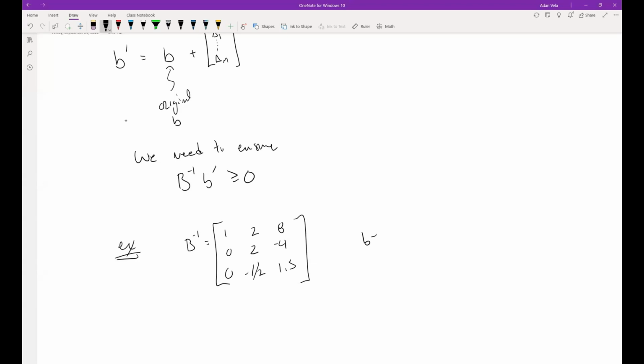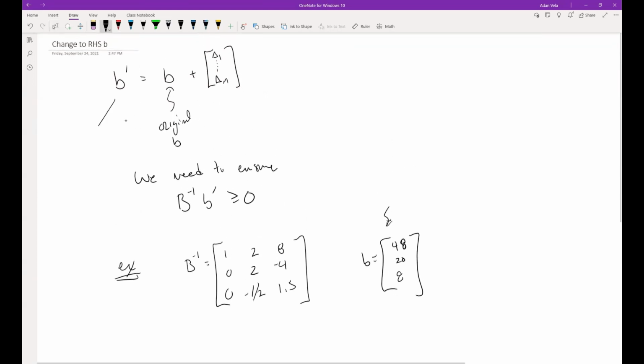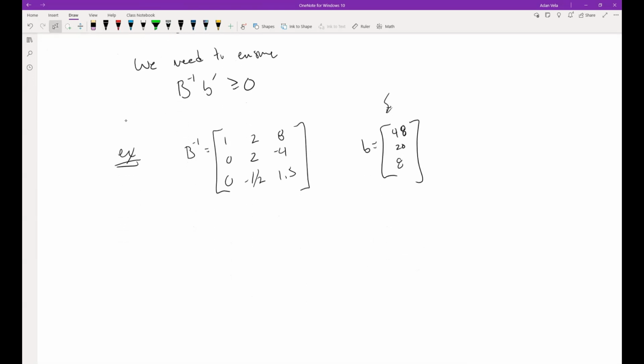Right. And we know our original B. Right. So the question is, how much can we change this B? We're going to add some delta values or subtract some delta values. Okay. And again, it's sort of using this equation here. All right. So let's go through this.